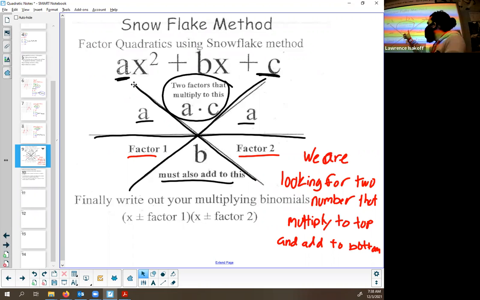So remember, it always needs to multiply to the top and add to the bottom. Gonna get this.